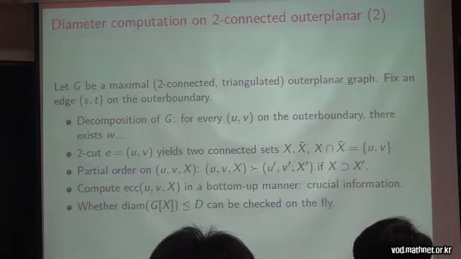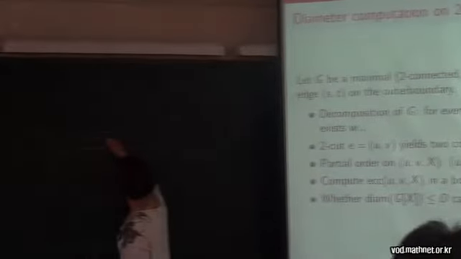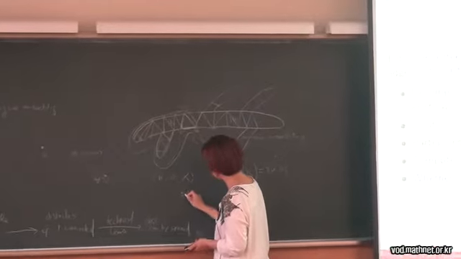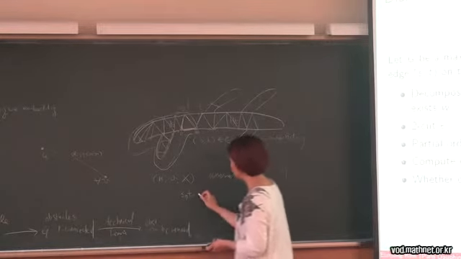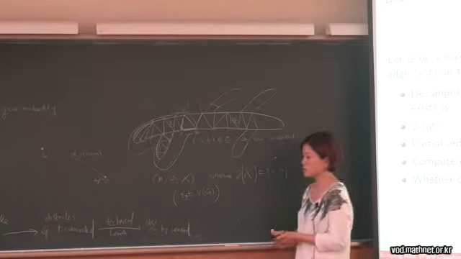For example, in this graph, s, t, V of G is one such tuple.